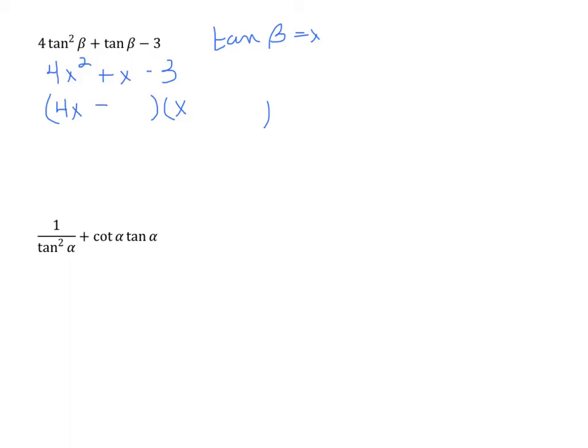Then I see if it works for my middle term, meaning 4x times 1 and negative 3 times x. Will those combine to give me plus x? Well, plus 4x minus 3x is equal to positive 1x, so that's correct. Now that I've done that hard part, I'll rewrite this with tangent of beta in place of x.